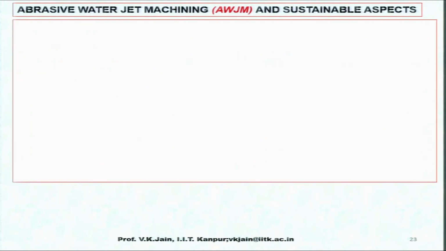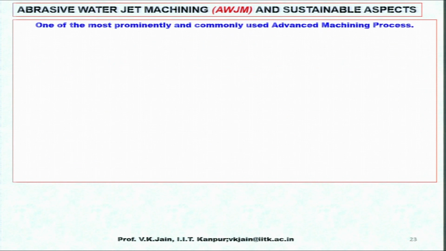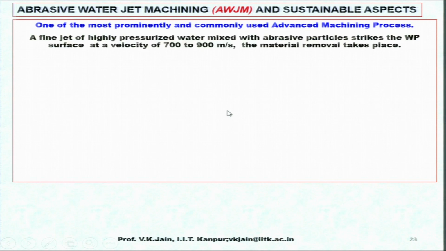Abrasive water jet machining and sustainability issues. One of the most prominently and commonly used advanced machining processes is abrasive water jet machining. A fine jet of highly pressurized water mixed with abrasive particles strikes the workpiece surface at a velocity of 700 to 900 meters per second.